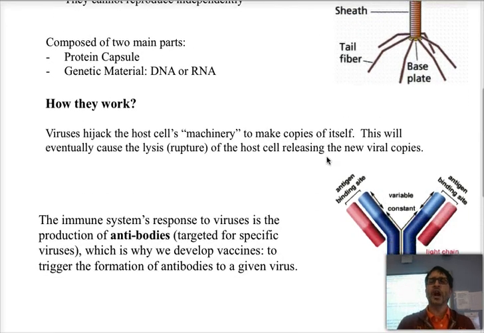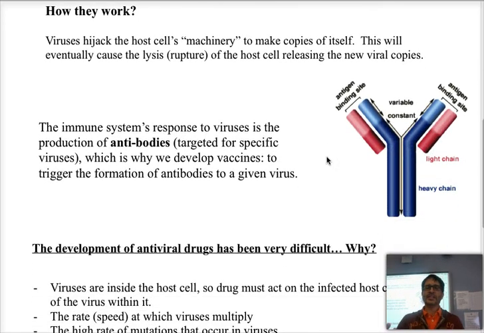So how do viruses generally work? Basically, viruses come into a cell, they inject their DNA or their RNA, and they hijack the cellular machinery of the host cell in order to copy the DNA or the RNA and to produce new protein envelopes.